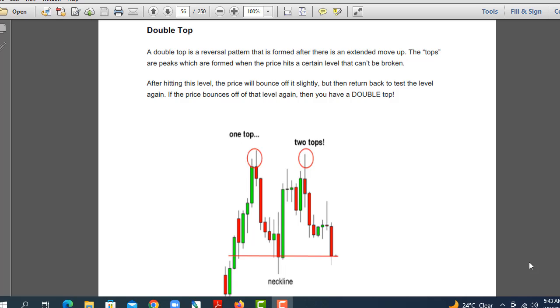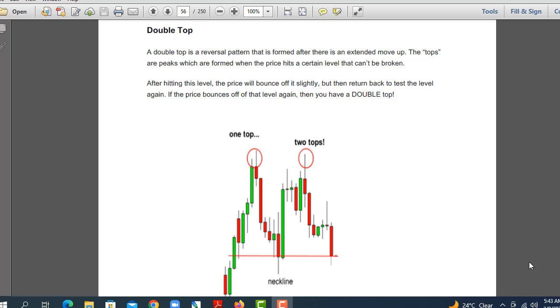So what we're going to be doing with chart patterns is identifying some different types of chart patterns, so that when you see them in a given live chart, you can infer what the market is doing. There are a whole lot of them.